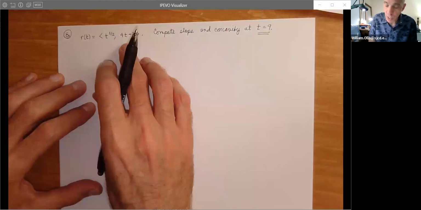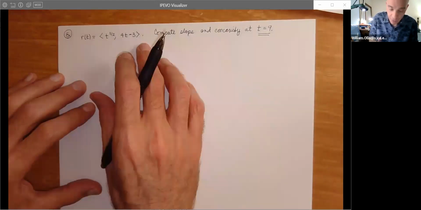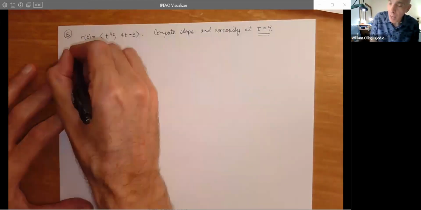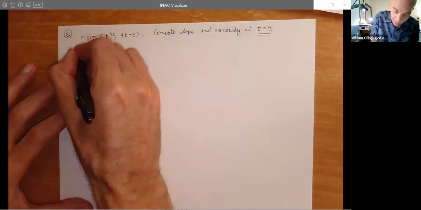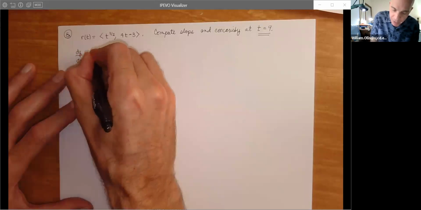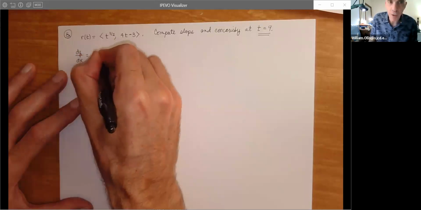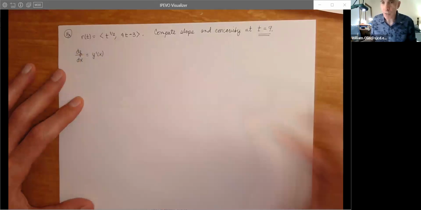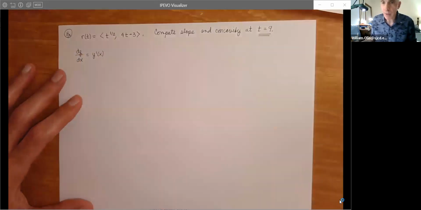Now, using what we just derived, we can say dy dx, or y prime. Just to be on the safe side, if you do y prime, maybe it's best to write it that way so you don't confuse it with a t derivative.